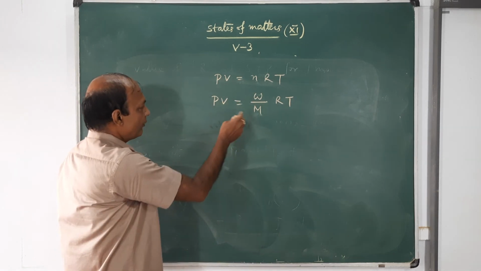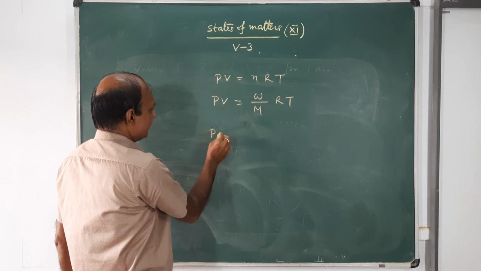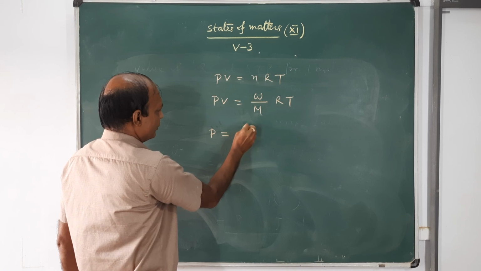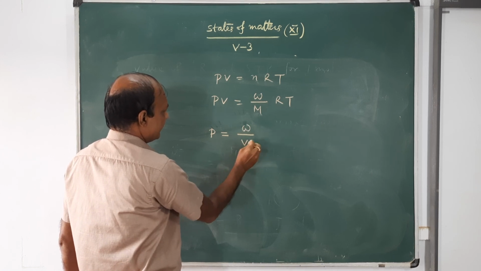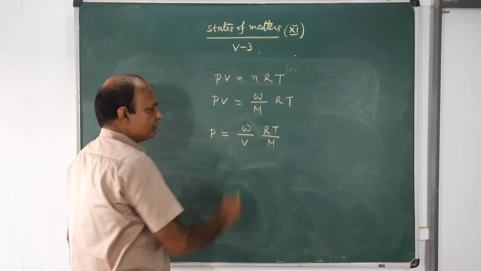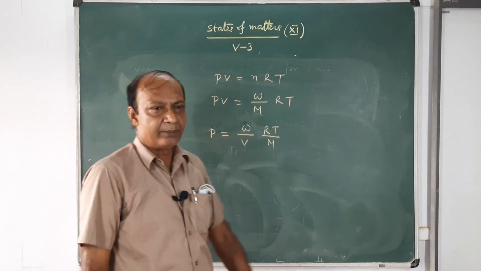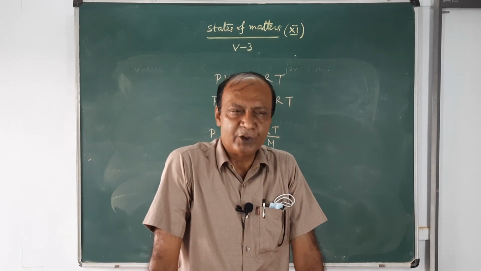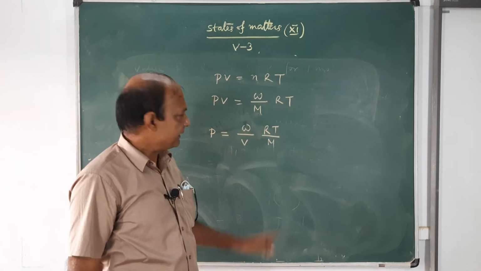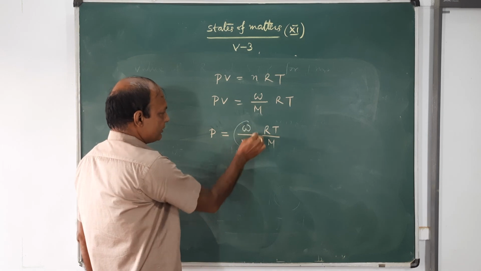Another way of writing it is P equals W by V into RT by M. W is the weight in gram and V is the volume in centimeter cube or in liter, so this term stands for the density of the gas.